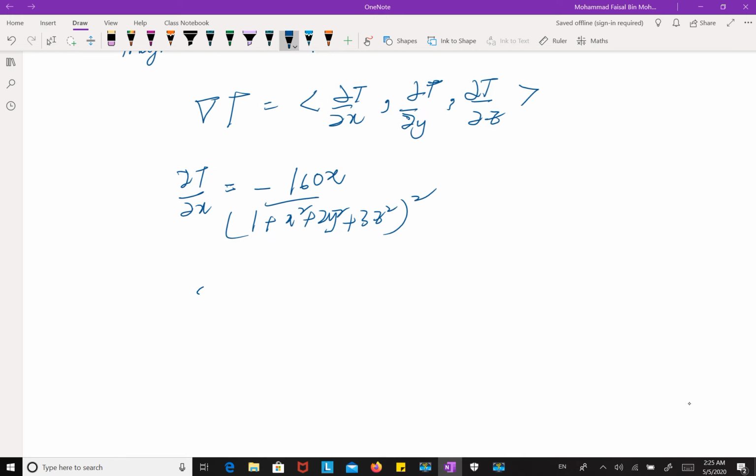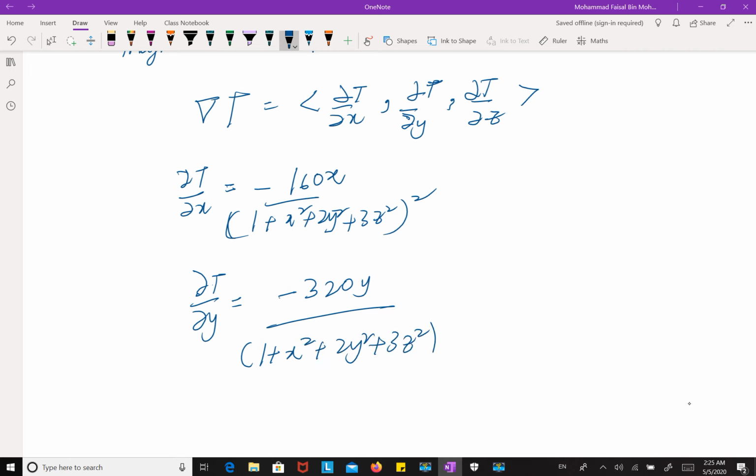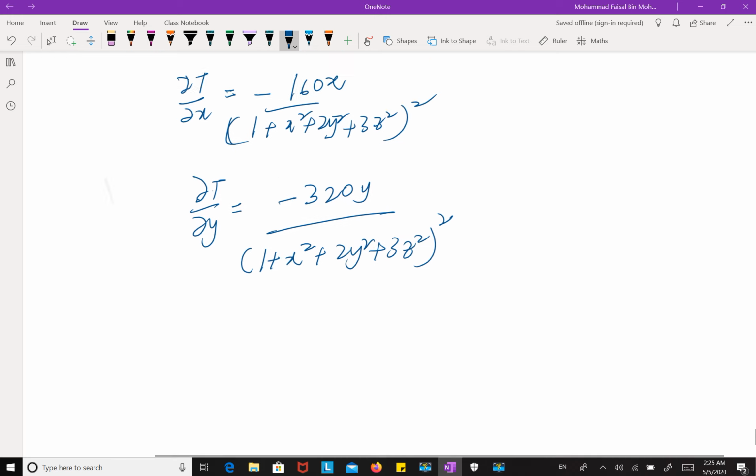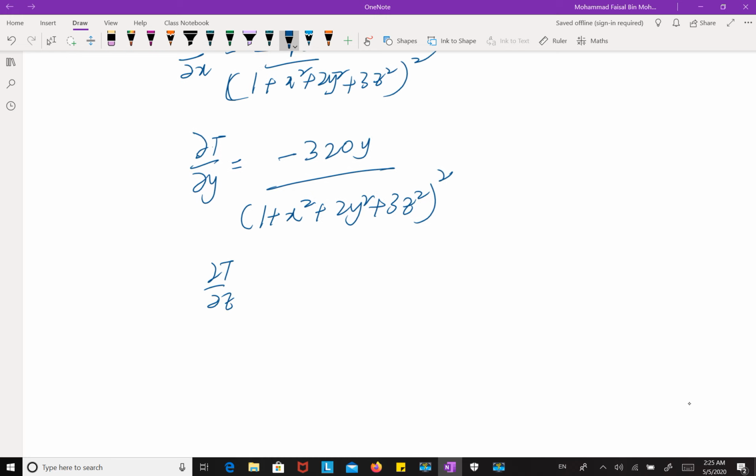Use the quotient rule. Del T del y will have negative 320y over (1 plus x squared plus 2y squared plus 3z squared) squared, and del T del z equals negative 480z over (1 plus x squared plus 2y squared plus 3z squared) squared.